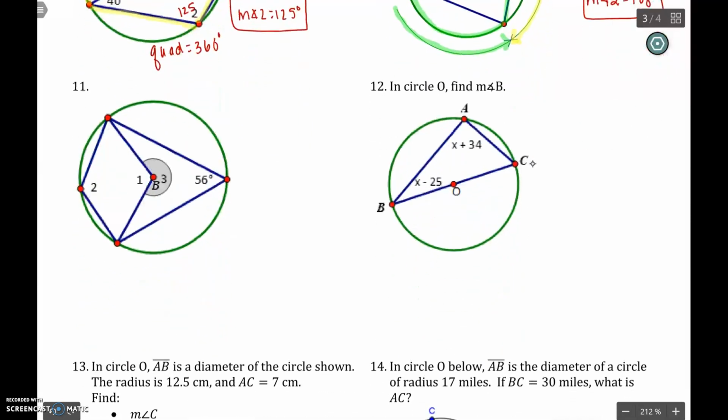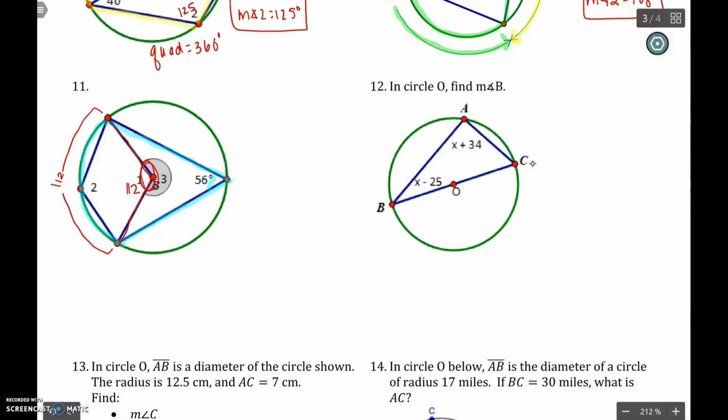Okay. For number 11, a few things are happening. We do have an inscribed angle, 56, so if I follow that outward, I would see that it is half of that arc. And so that angle 56 means that the arc here is 112 from here to here, and angle 1 is central angle to that same arc, so angle 1 is also 112.